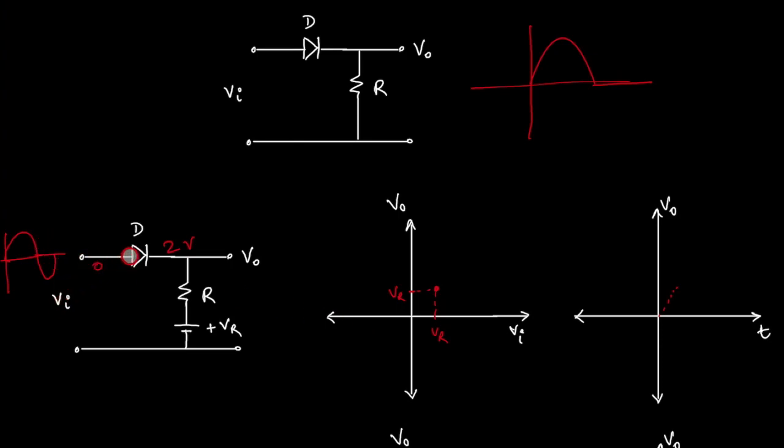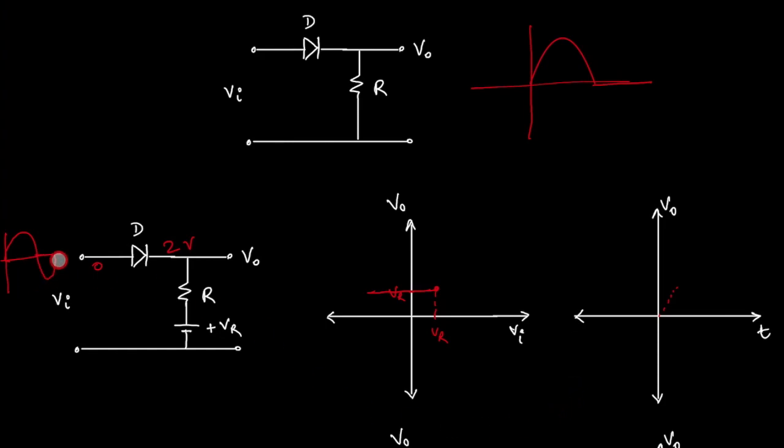For 0 to 2 volt input, just now we said that if it is 0, it is reverse bias. If it is 1, then also reverse bias. For 2 also it is reverse bias. After 2, everything is conducting, right? So from 0 to 2, it is reverse bias, means output you are not getting, there is no slope.